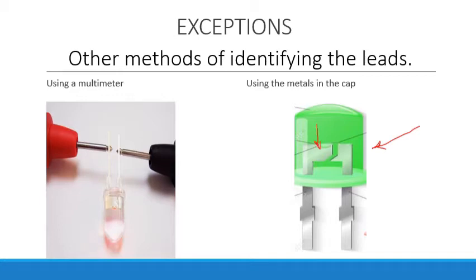One of the metals is larger than the other. The larger metal is the cathode, while the shorter metal is the anode. I repeat, the larger metal, where you have the yellow color there, is the cathode, while the shorter metal, where you have the green color, is the anode.